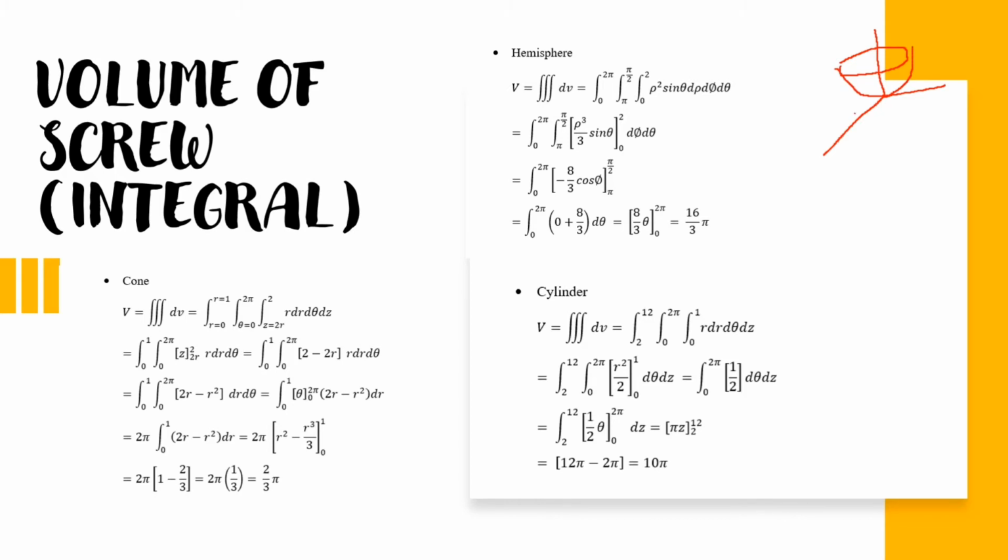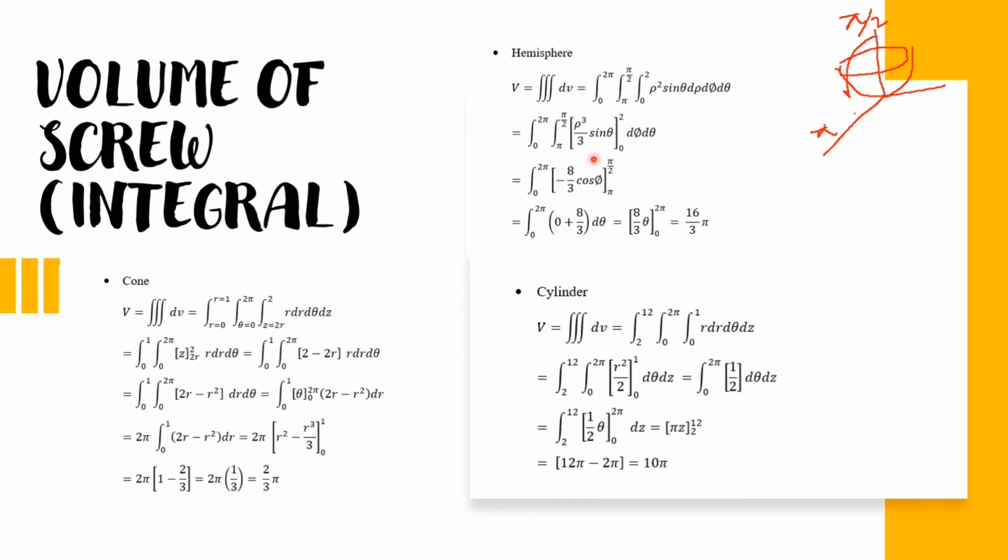So this is pi, this is pi over 2. So we got the angle, and the radius is 2.